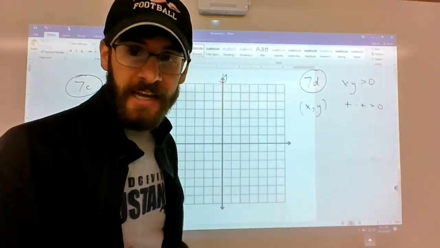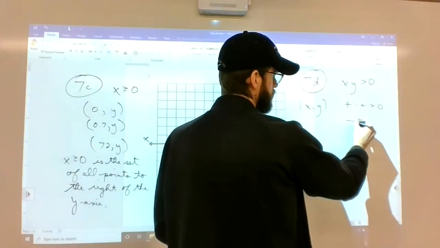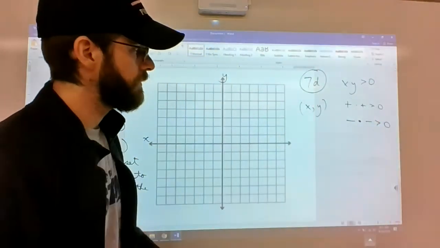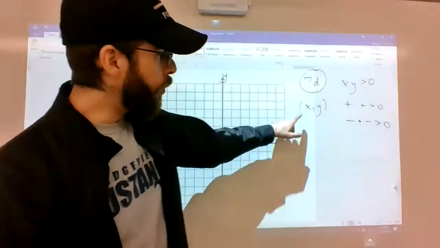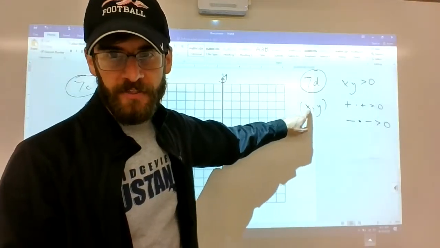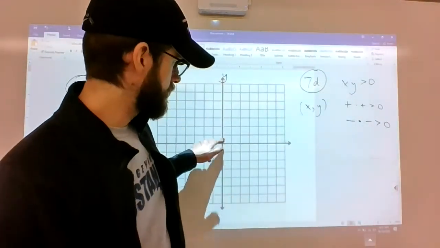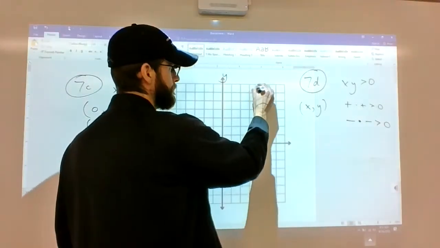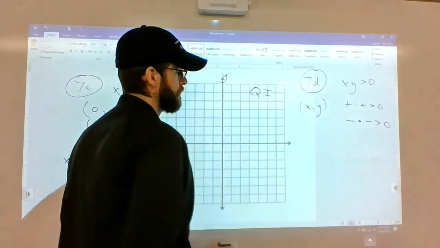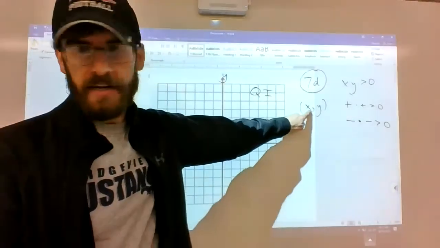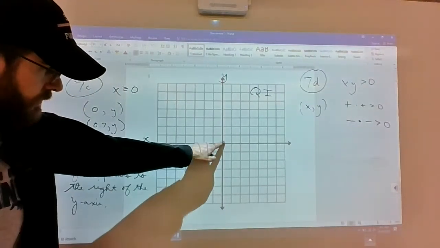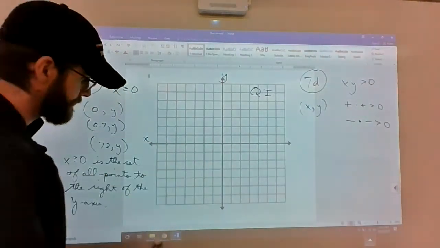And a negative times a negative is bigger than 0. So where is the x-coordinate positive and the y-coordinate positive? Quadrant 1. And where is the x-coordinate negative and the y-coordinate negative? Quadrant 3.